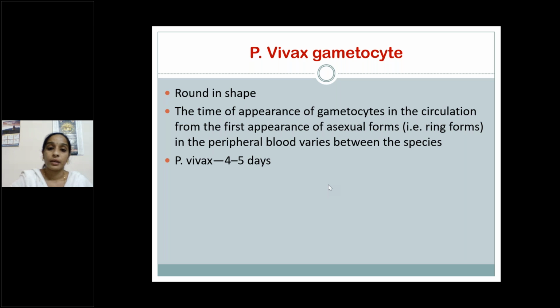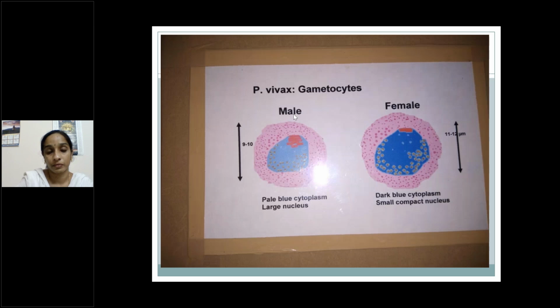Here the gametocyte pre-patent period for vivax is 4 to 5 days. See the gametocytes, these have the same features, micro and macro, like falciparum. Male gametocytes, also called microgametocytes, are smaller in size.